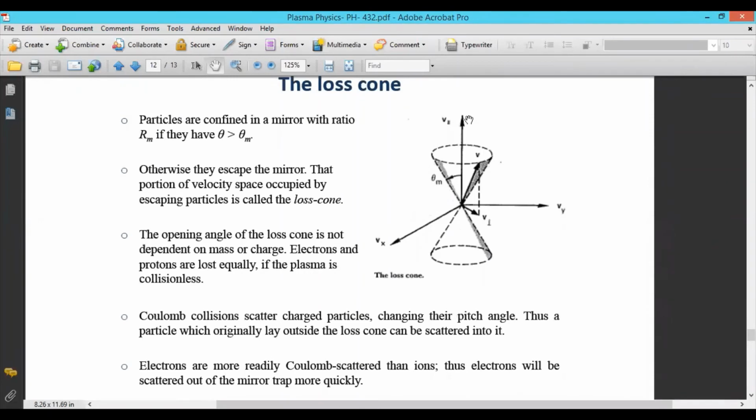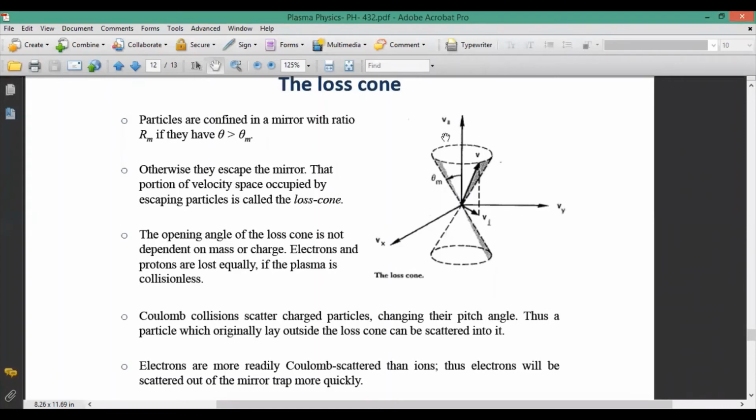So what is the relation between theta and theta m? If theta is greater than theta m, that is, we have a particle in this region, then our particles will be reflected back due to the magnetic field. That is, our V perpendicular will be larger than V parallel. But what happens if our theta is smaller than theta m? Then we will be in the region where our V perpendicular is smaller than V parallel.